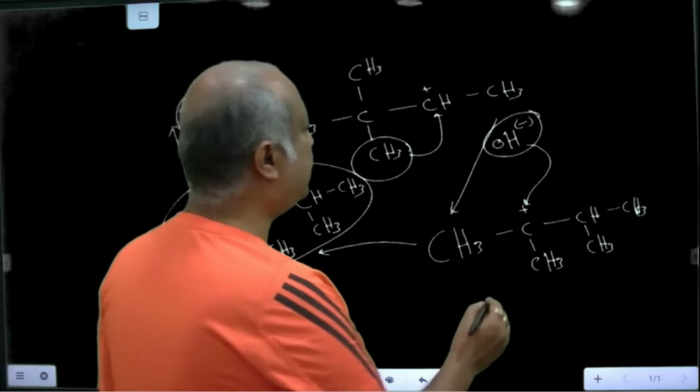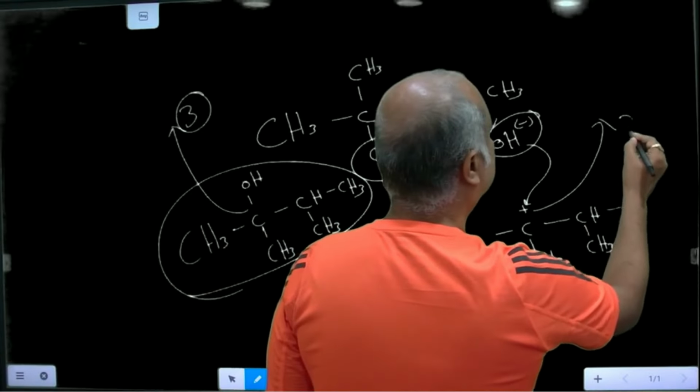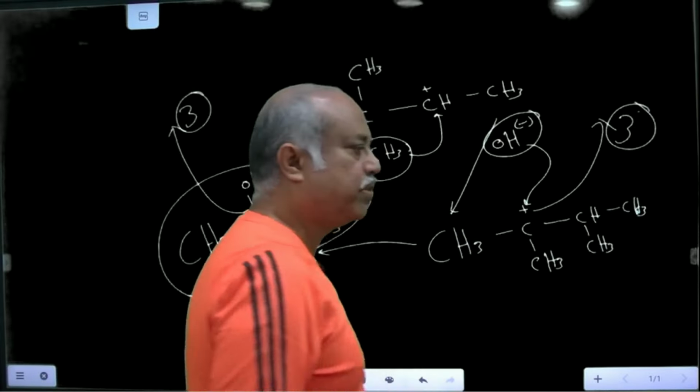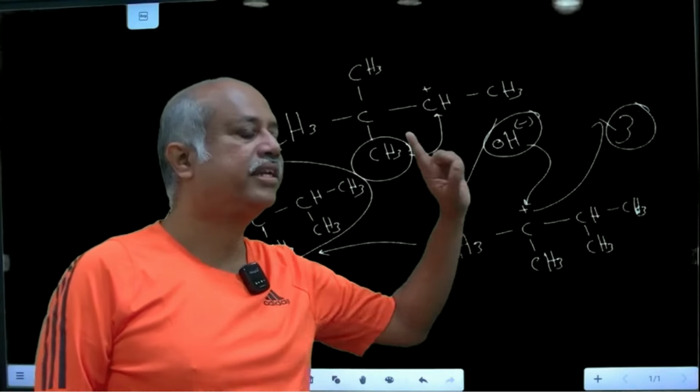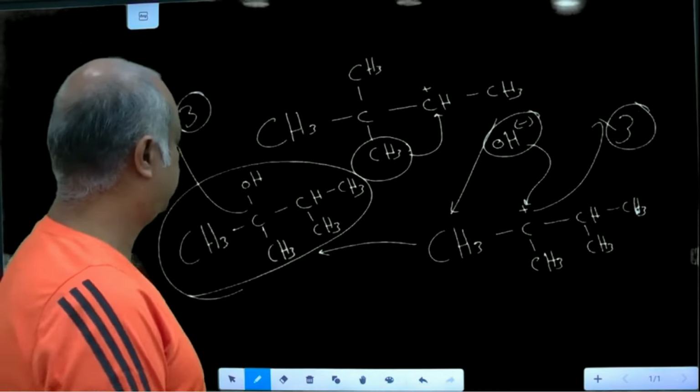That is the 3-degree carbocation. The first one is the minor, the second one is the major. Done it?